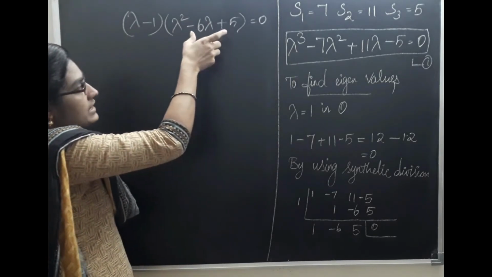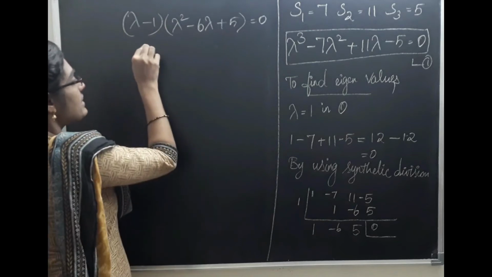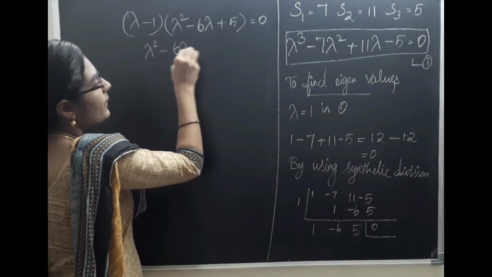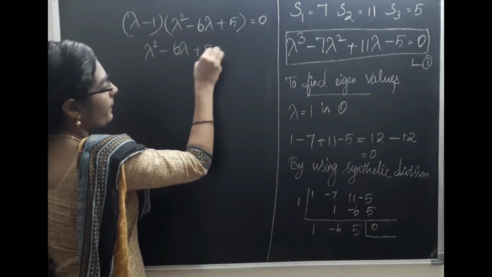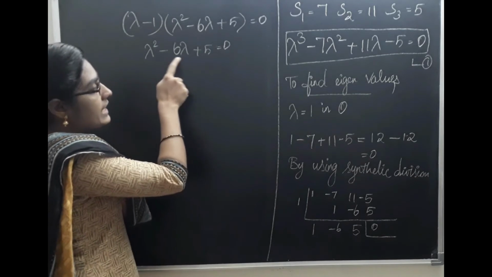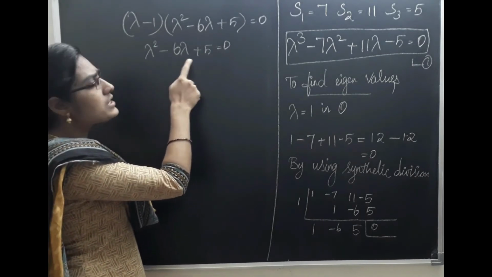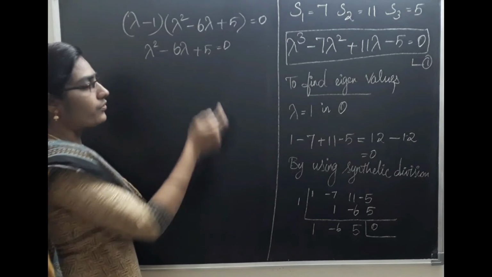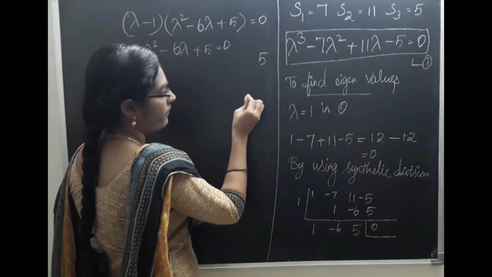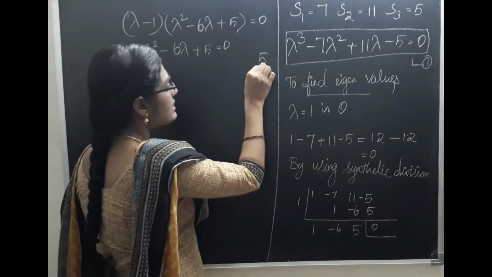Next we need to factorize this quadratic equation, lambda square minus 6 lambda plus 5 equal to 0. Here the 6 is the sum of the roots and the 5 is the product of the roots. We need two numbers that multiply to 5, because we don't know the roots, right? So let me guess it.